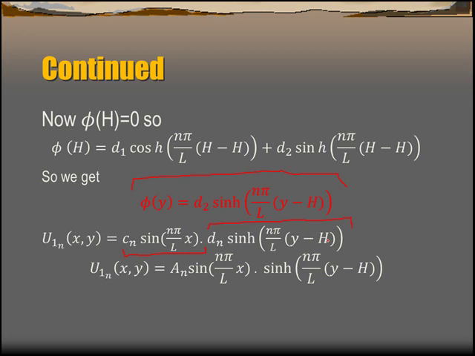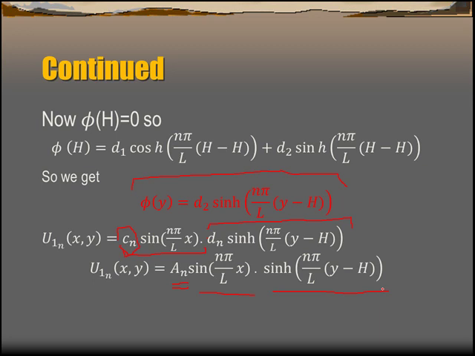Okay, so combining, now look here, there are two constants cn and dn. It looks like they are two different constants, but in fact their product is also a constant. So we will write cn multiplied by dn is equal to an. A compact form of the solution is u1n of x y is equal to an multiplied by sin n pi over l x multiplied by sin hyperbolic n pi over l into y minus h.